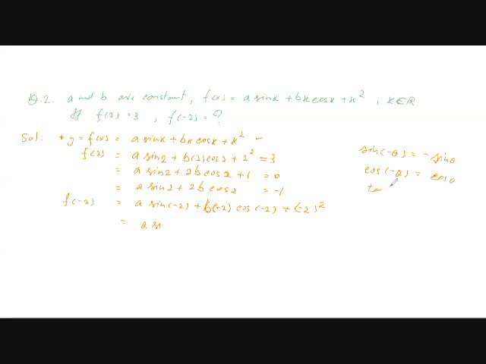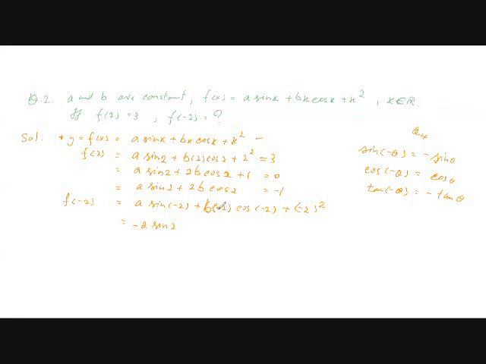And tan minus theta equals minus tan theta. That is in quadrant 4, like the sine in quadrant 4. Okay, so now this one is going to be minus sine 2, and cosine negative 2 becomes plus cosine 2.